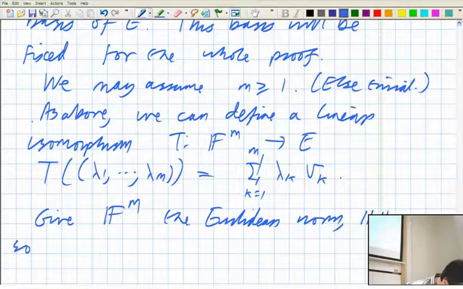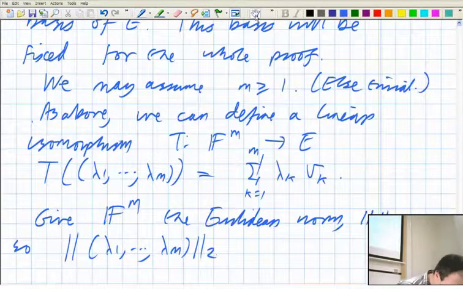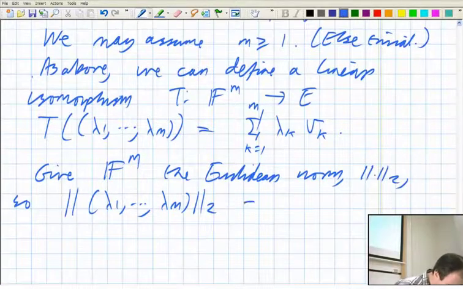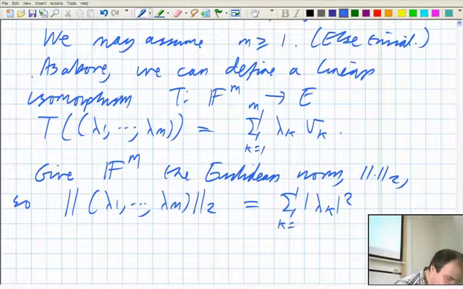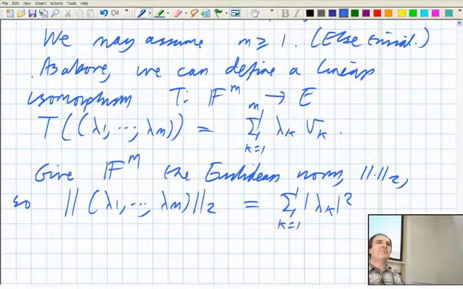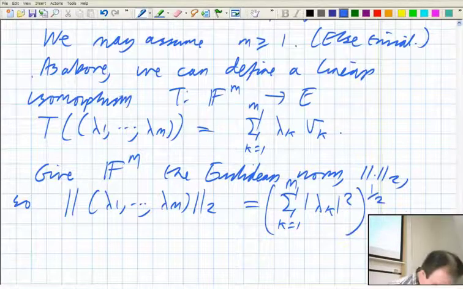So the norm of lambda 1 up to lambda m is the sum of the squares of the modulus. Remember, they might be complex numbers, so we don't just square them, we square the modulus just to be safe. And then you square root it at the end.